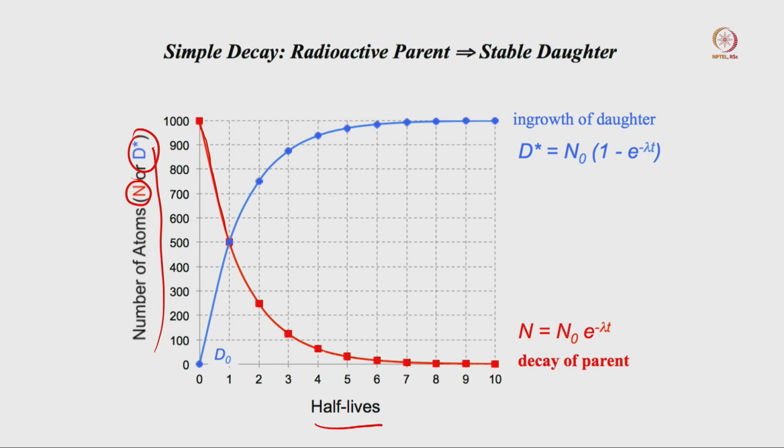So, whatever its number will be, it will have this exponential curve. The same thing for the daughter: it is equally going to increase in number. And you can see that after the first 5 half lives, the change becomes very low. After 5 or 6 half lives it becomes very low.